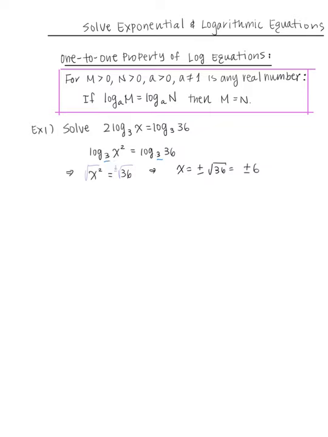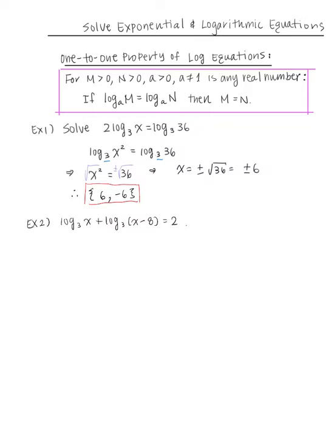So in this case, if I plug in x equals negative 6, we're safe because negative 6 quantity squared will give us a positive number. So we get to keep both positive 6 and negative 6. Therefore, our solution set is 6 and negative 6, and that's the answer.